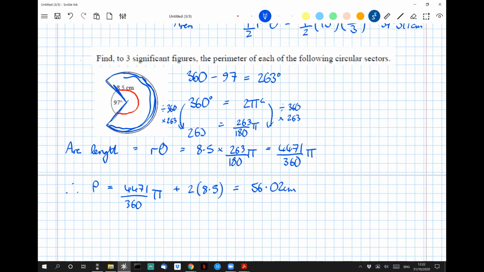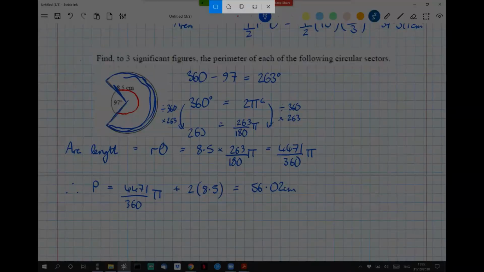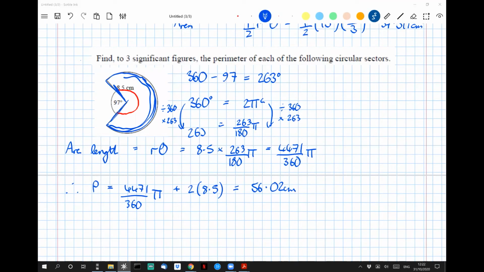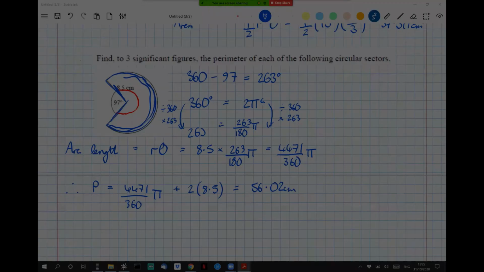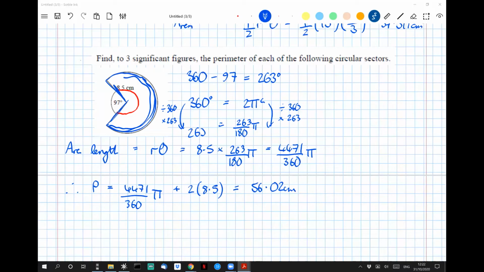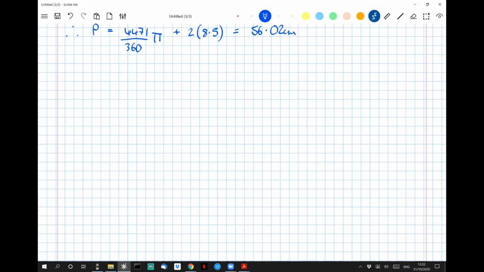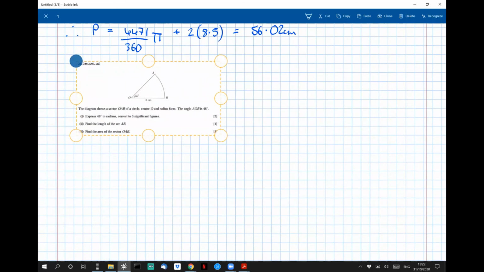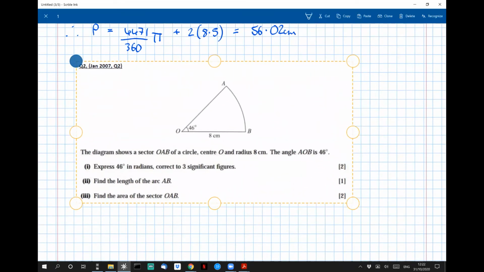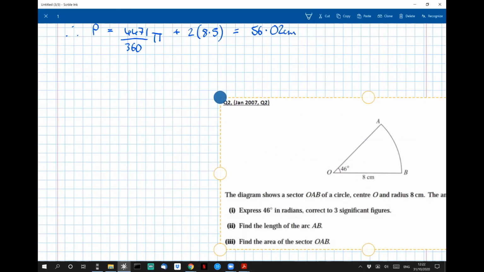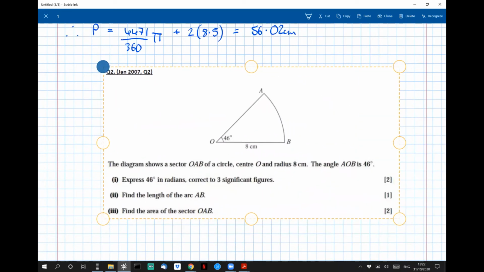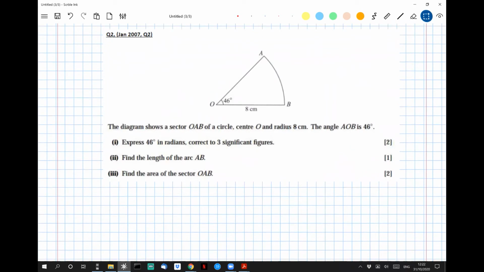So let's have a look at a more problem-based question, maybe more in an exam context. Let's have a look at this one here from an old exam paper. See if we can have a go at that one. I'll go through my solution in just a moment.